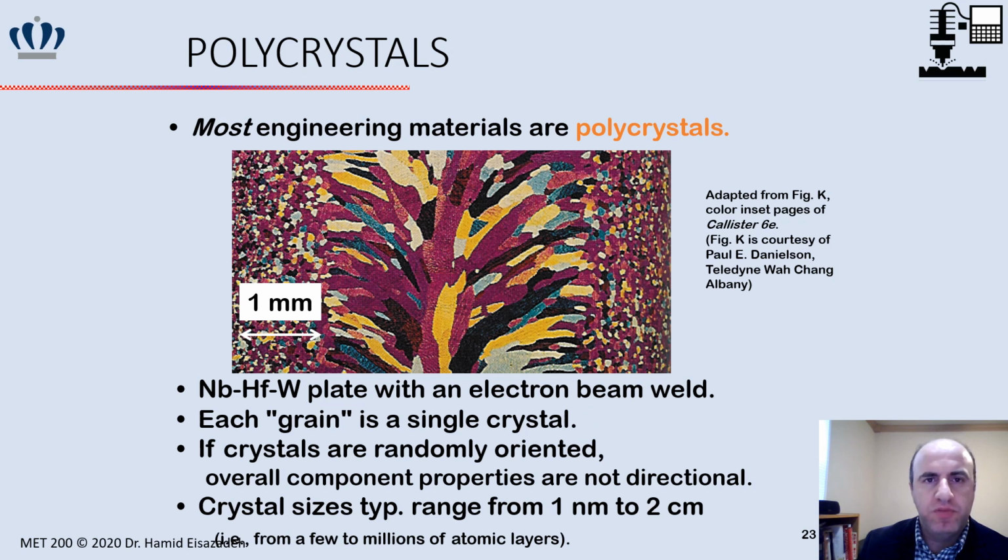As I mentioned before, polycrystalline materials have many grains in them. This is a very beautiful image taken by an SEM, a scanning electron microscope, one type of microscope that can magnify the part by a high magnification factor.